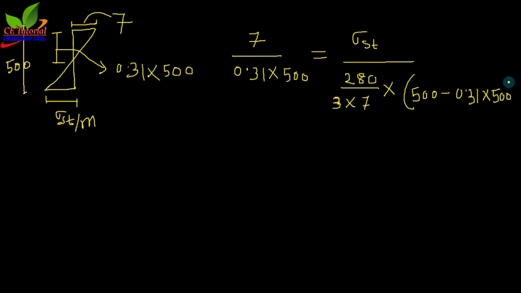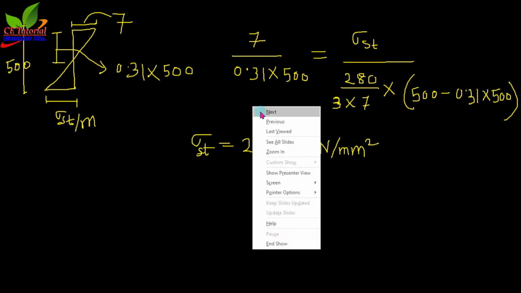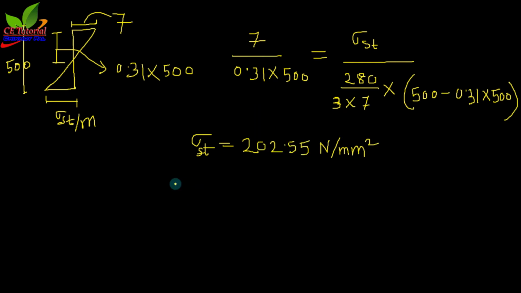Okay. Now you can calculate sigma st, that is 202.55 Newton per millimeter square. Okay, so this is the answer.